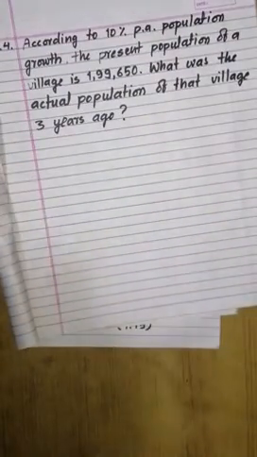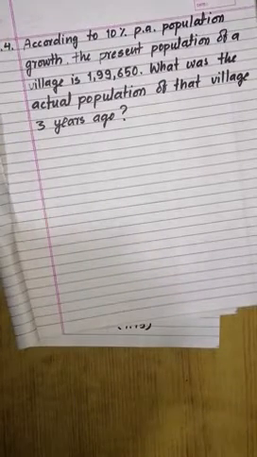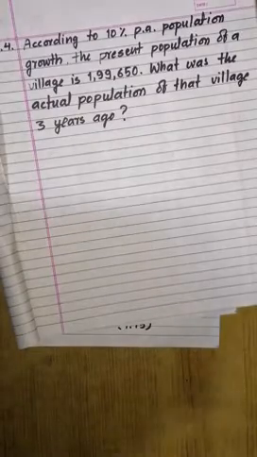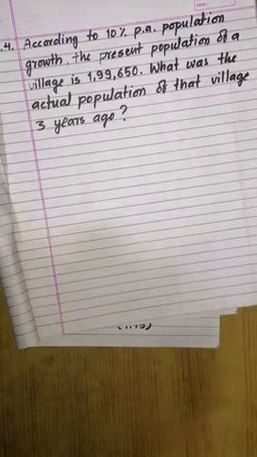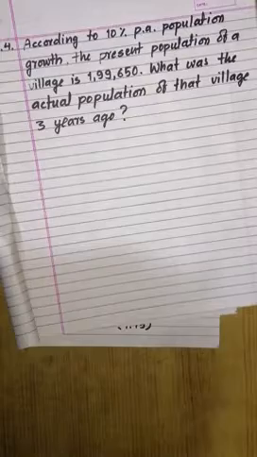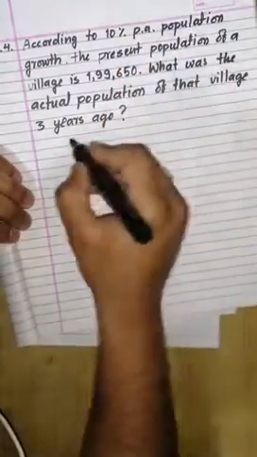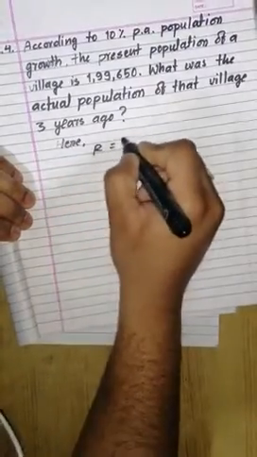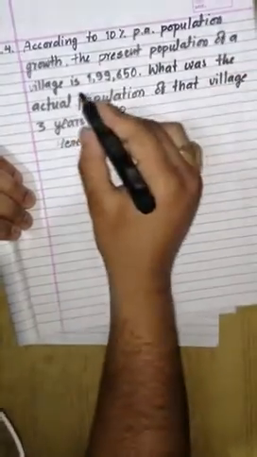If you see this question, you can easily see two time frames. One is present and the next one is 3 years ago, that means past population. When we talk about past and present condition, then past population is considered as initial population and present population is considered as population after t years. According to 10% population growth rate, we can write r equals 10% per annum, and the present population of the village is this.